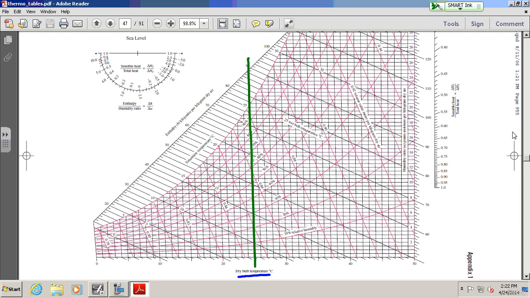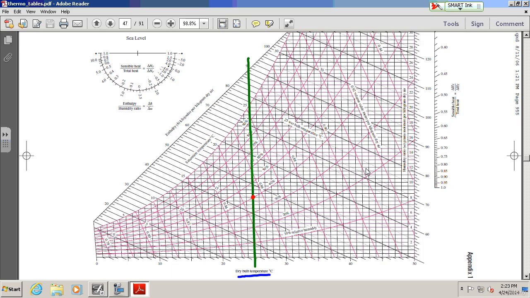Now I'm going to identify the point. If you look, the relative humidities are curves, right? They're curves that come down, right? You can see relative humidities are part of the curves, and I'm looking for the 40% one, and you can see where the 40% curve intersects that line. It's pretty much at this point right here, which I've marked in red, okay?